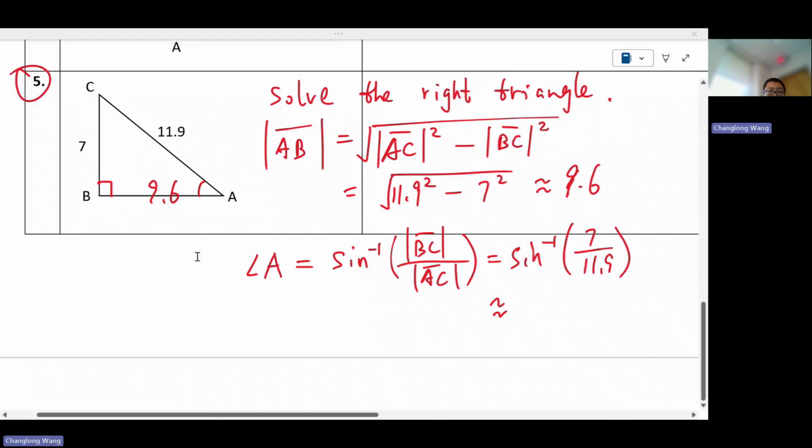So if you do sine, what do we want? 7 divided by 11.9. But on your calculator, you typed in this whole thing raised to the -1 power. You thought it's sine inverse, right? Is that right? What is that? That's the sine of the angle.